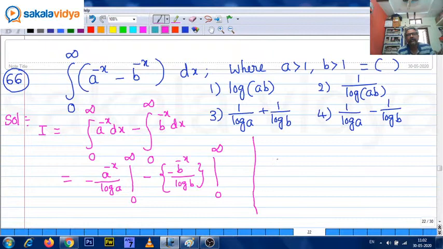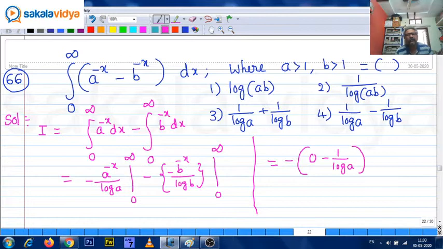So you get like this now. As x approaches infinity, a to the power of minus x, when a is greater than 1, becomes 0. So that means minus common, you get 0 by something, 0, minus a power 0, which is 1, so 1 by log a.